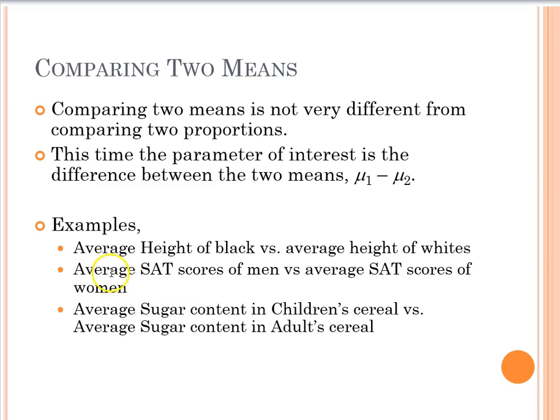If the test finds that the average score for men is greater than the average score for women, we are not saying that all men have a greater SAT score than all women. We're just saying that the average man has a greater score than the average woman. But again, you would need to go out and collect data to verify that that claim is true.